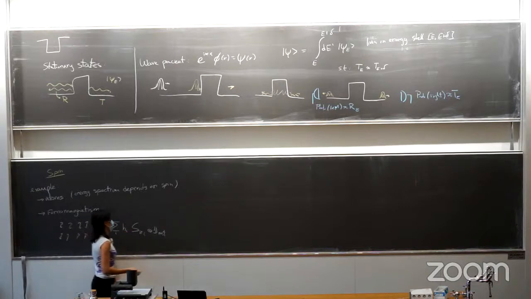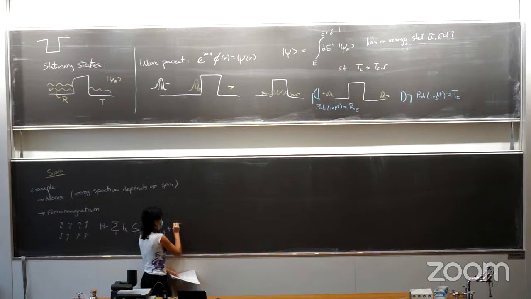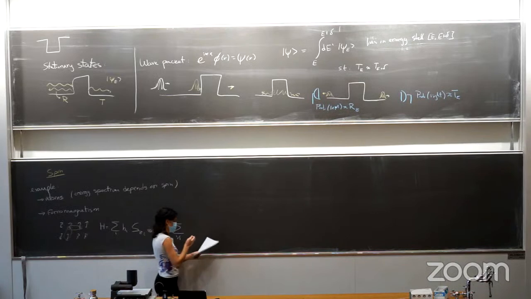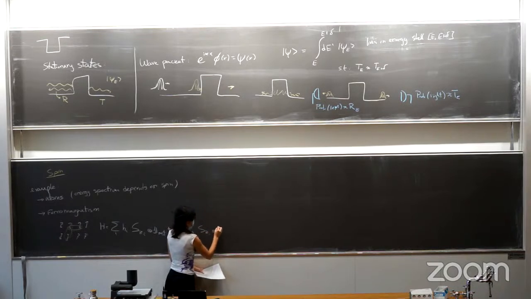Plus something like a sum over all the neighbors, right? All the neighbors of, again, some constant, and now the product of the spins of the two, tensor identity on the rest.